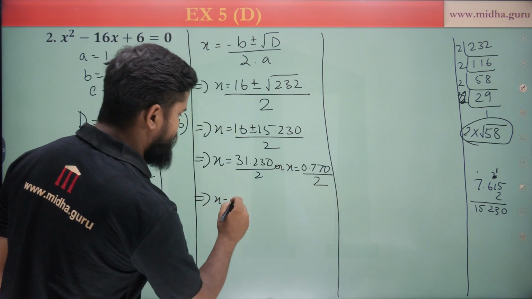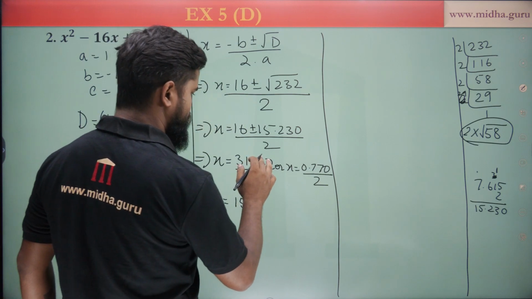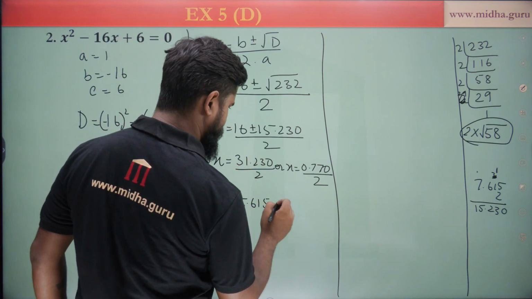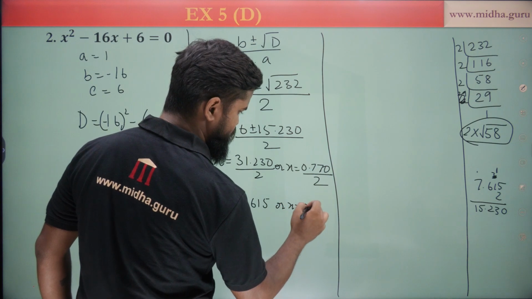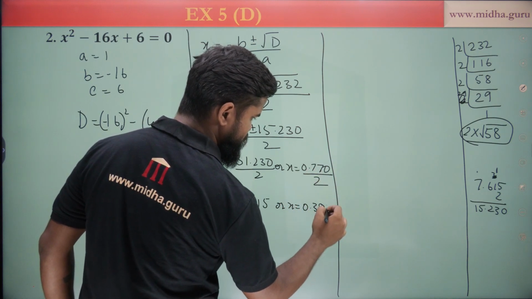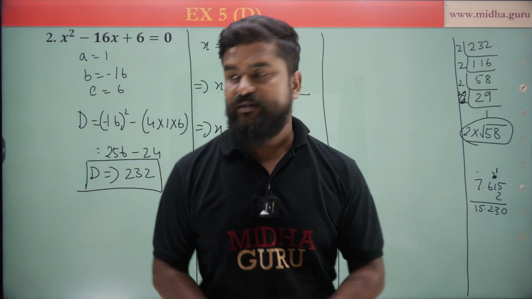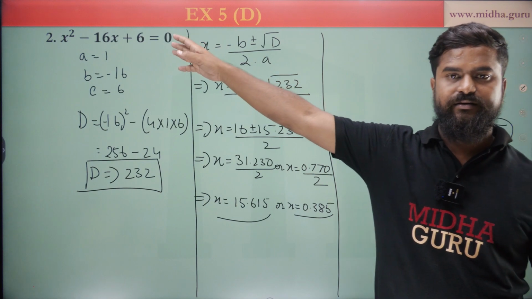In calculating both of these values, I will get 15.615, or is equal to 0.385. So these two are the solutions for the given quadratic equation.